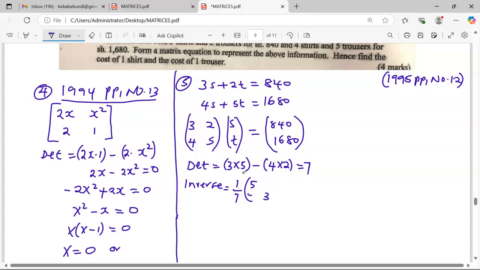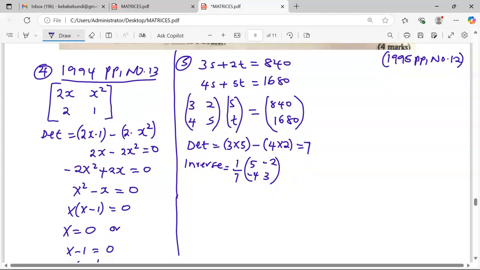Then we change the signs of the elements in the other diagonal, such that we have negative 4 and negative 2. Once we have done that, we take this inverse and multiply on both sides of the equation. So we have 1 over 7 into 5, negative 4, negative 2, 3.